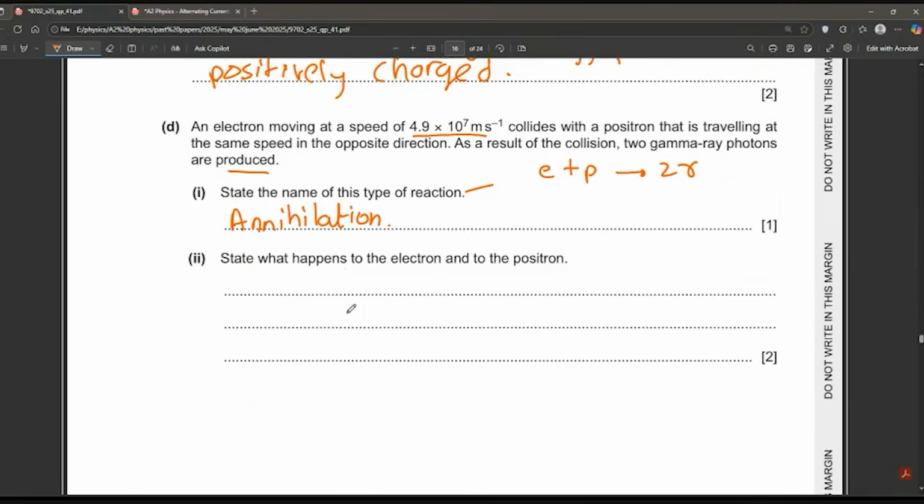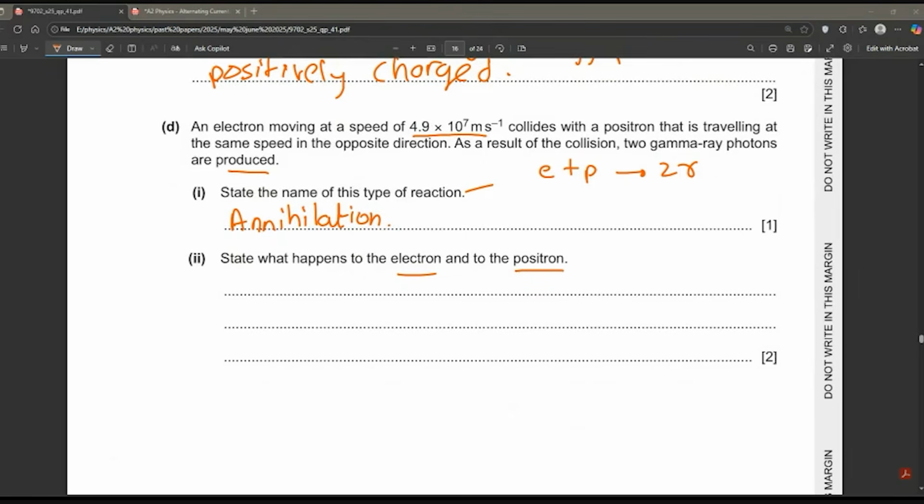State what happens to the electron and the positron. What happens to the electron and positron? The mass of these electron and positron gets converted into the energy of gamma ray photons. Simple.